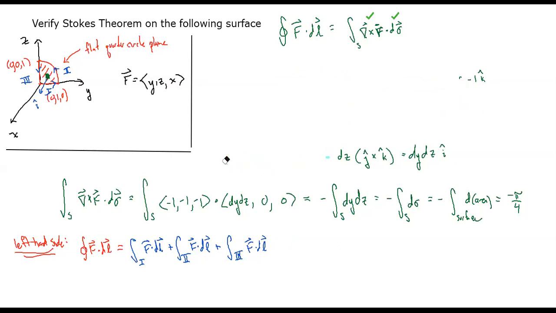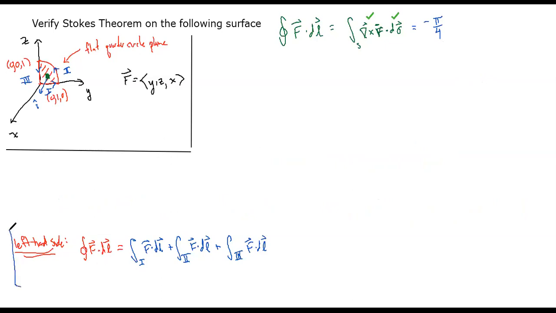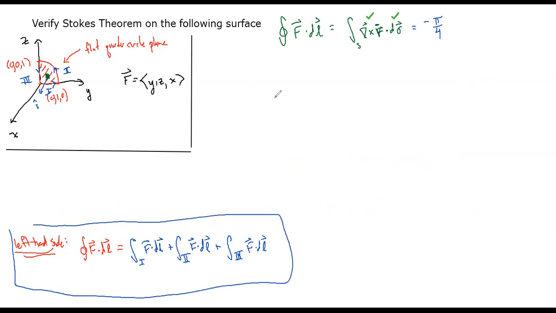So what is, for Roman numeral 1 going down the y-axis, what does that part of the integral look like? And up here we have our result so far, that this equals minus pi over 4. Okay, what is dl for Roman numeral 1?